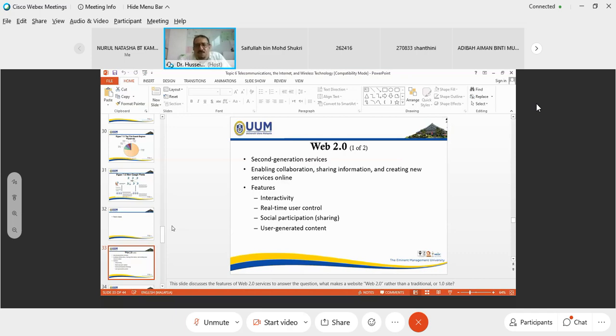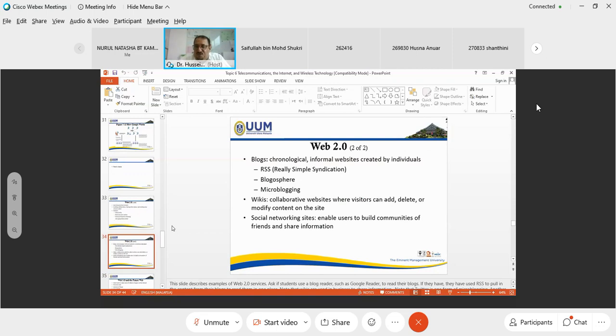The features of Web 2.0 are high interactivity, real-time user control, and you can update everything. Social participation, sharing, and user-generated content. We can generate content easily, so you can log in there and learn about your topic easily.